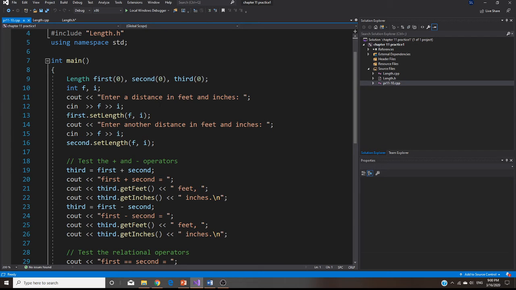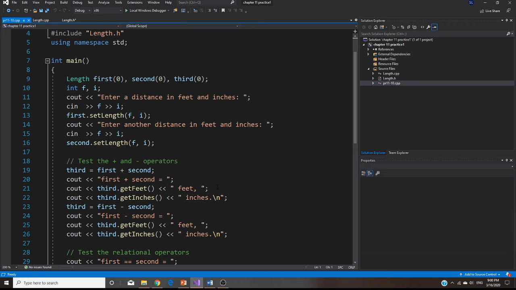For the first one, I ask for two measures, one for feet and one for inches, and I set length. For the second one, I set length. When I do first plus second, I add these two inch numbers together. Then I do the conversion to get the feet and the inches.